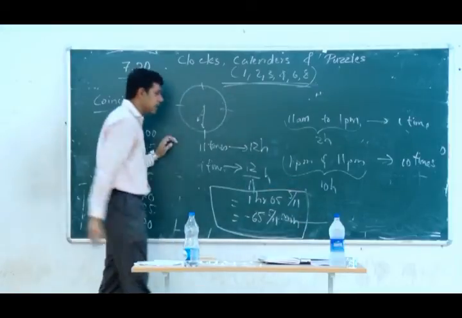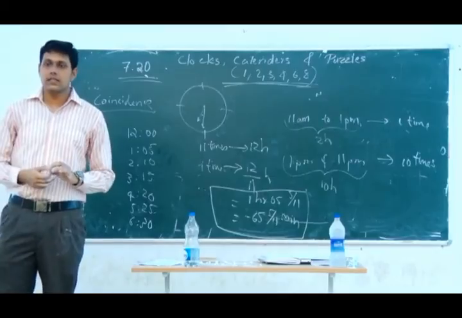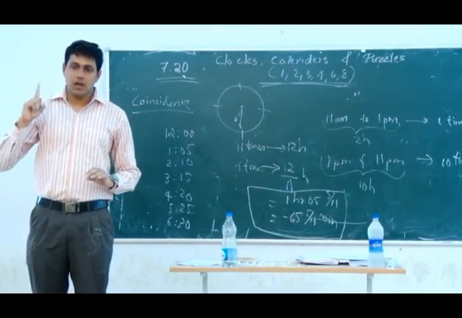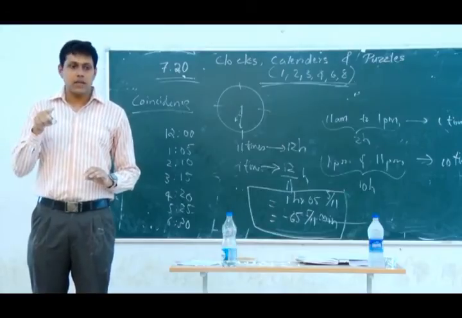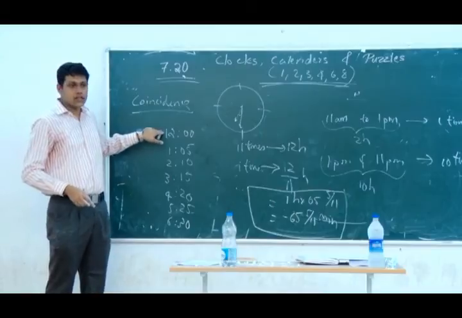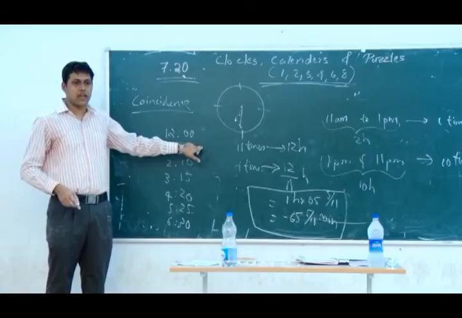This is the time it takes for the hands to coincide once. From 12, after 1 hour, 5 minutes, 5 by 11 minutes, it will coincide.